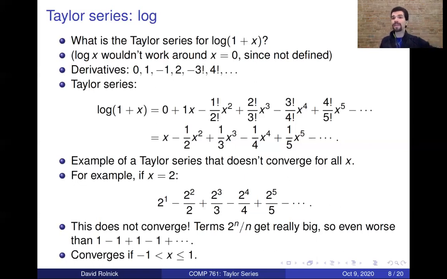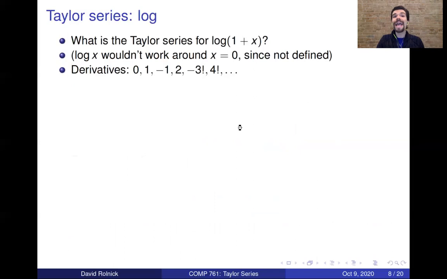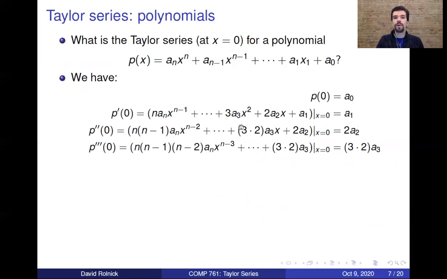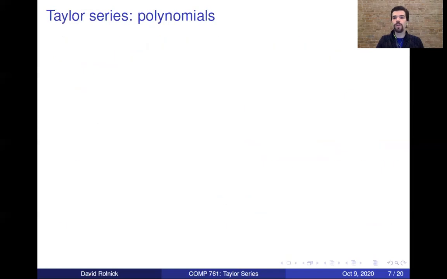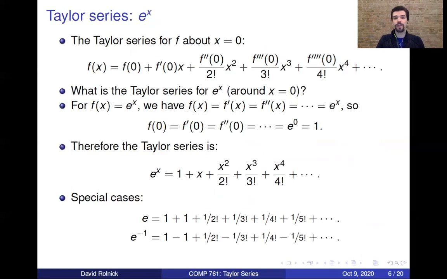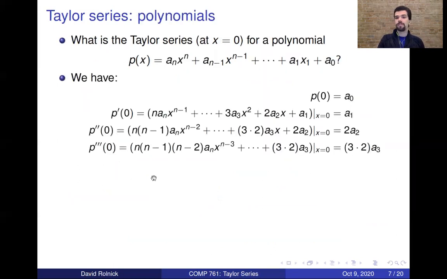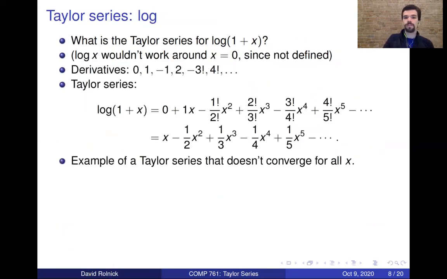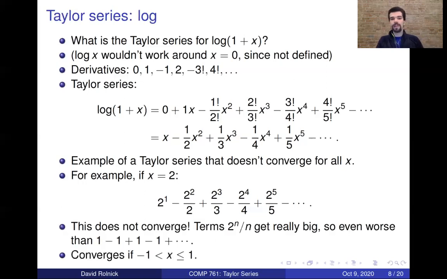It is not a limit, in the sense that it works for lots of values of x. In the case of e, it works for any value of x. So if you were trying to look at e to the 10th, for example, you could just plug in 10 here, and you would get a series that converges to e to the 10. OK, let's move on.